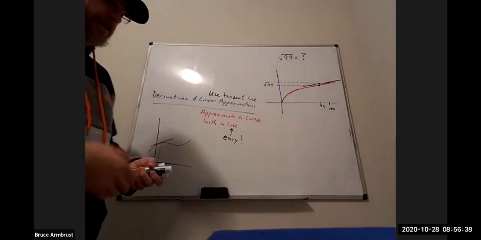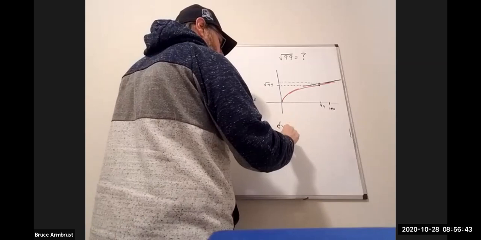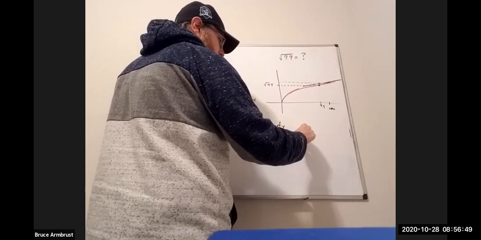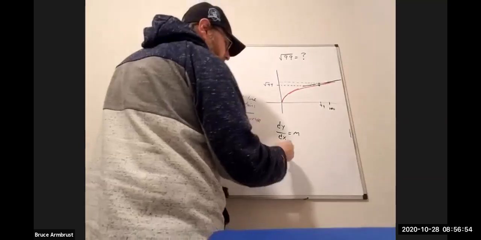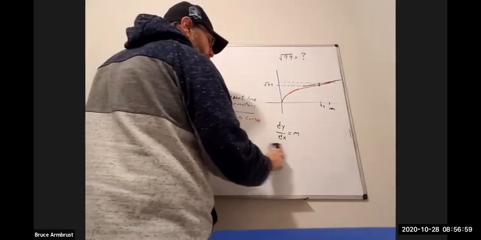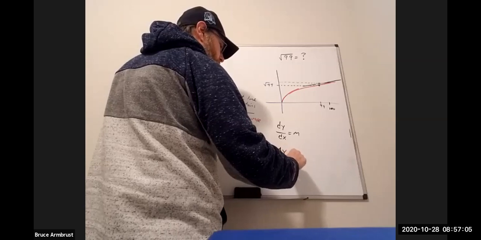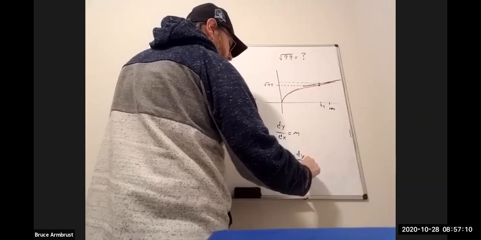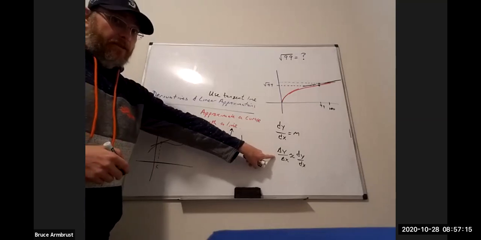All right, so here's what we're going to do. Think about the derivative, dy dx. Right? It's going to be a slope, so that's going to be our m. That means that the change in y, the actual change in y, so if we think of it as delta y over delta x, this is going to be approximately equal to dy dx. Now, let me real quick, I threw on the little triangles, the deltas.